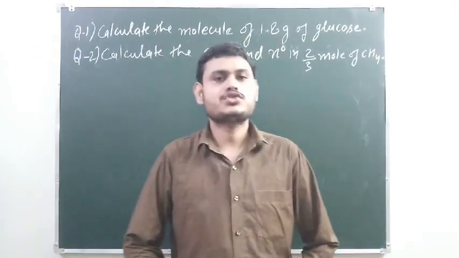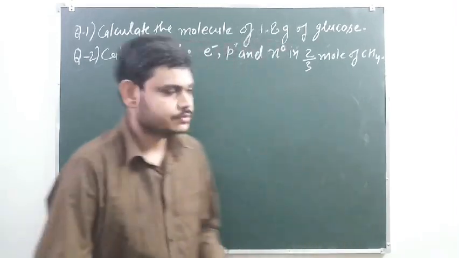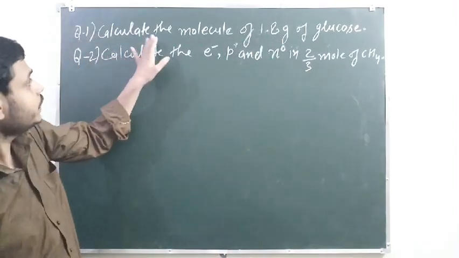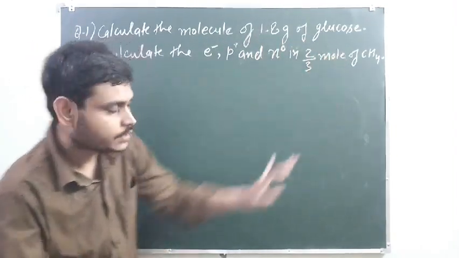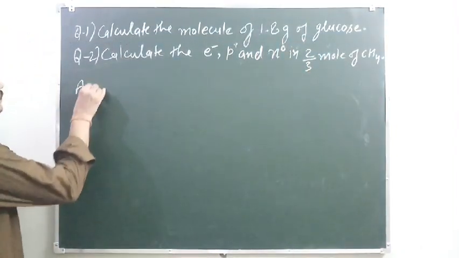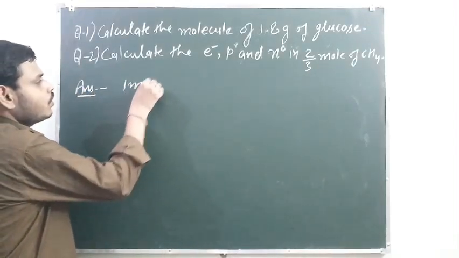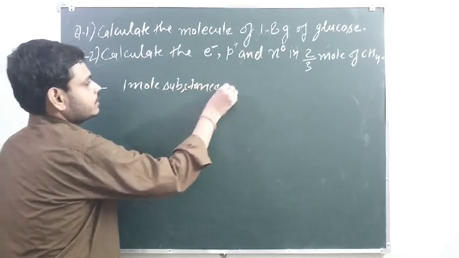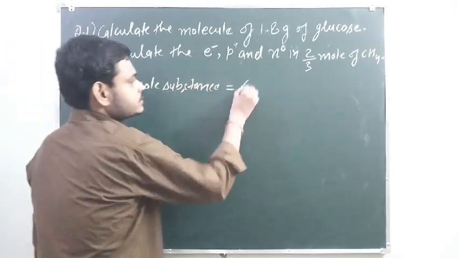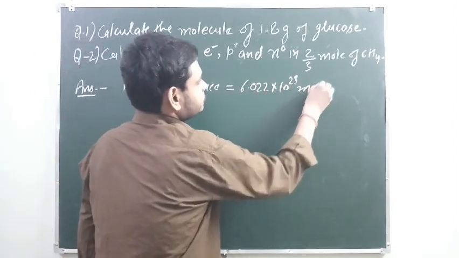Now, some more questions related to the mole concept. The first question is, calculate the molecules in 1.8 gram of glucose. Answer first. We know that 1 mole of any substance contains 6.022 into 10 to the power 23 molecules.